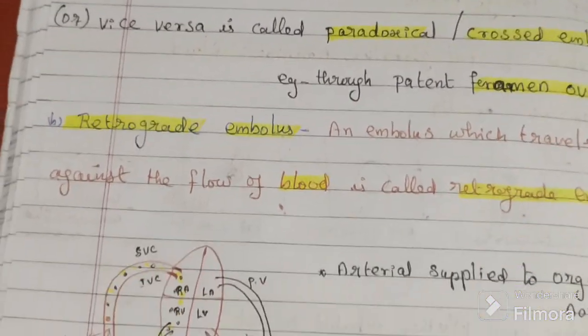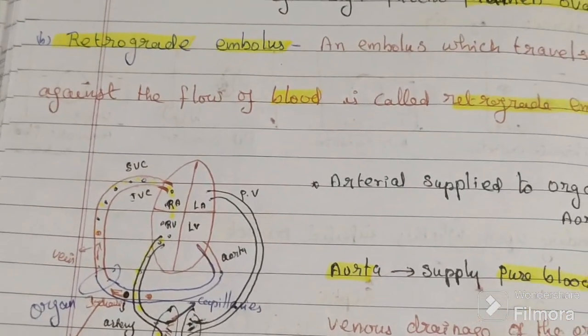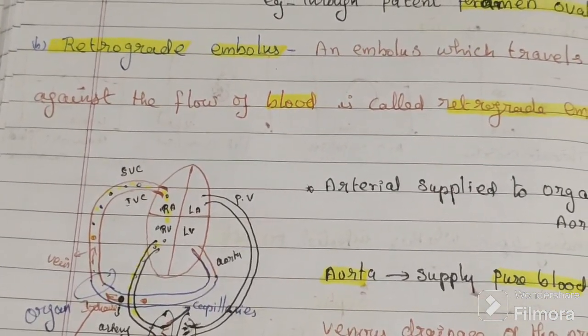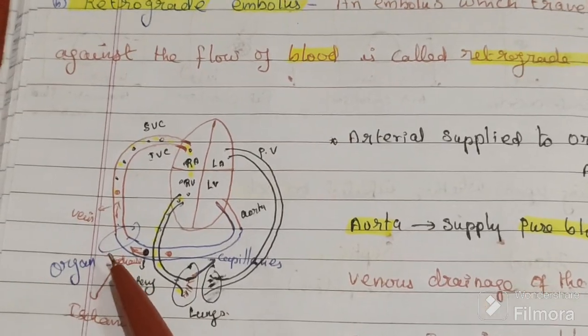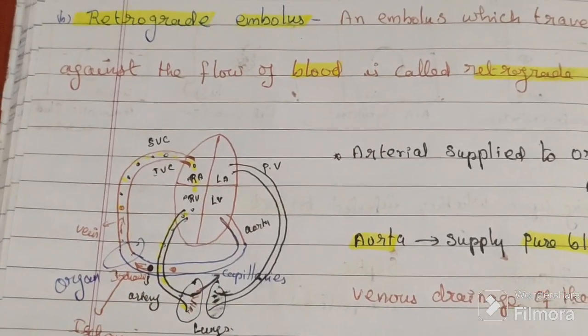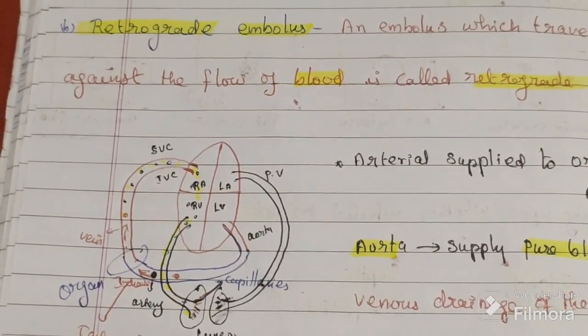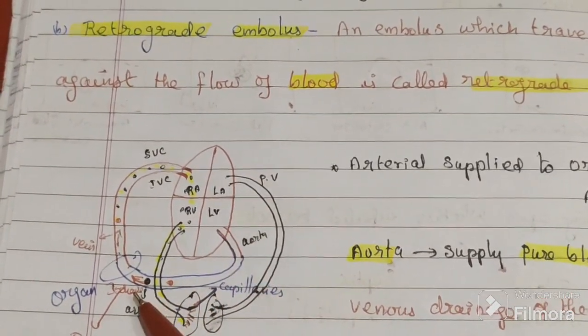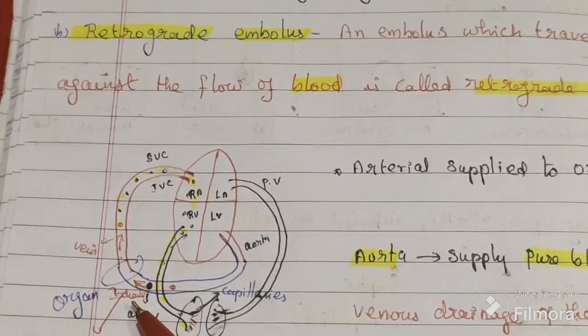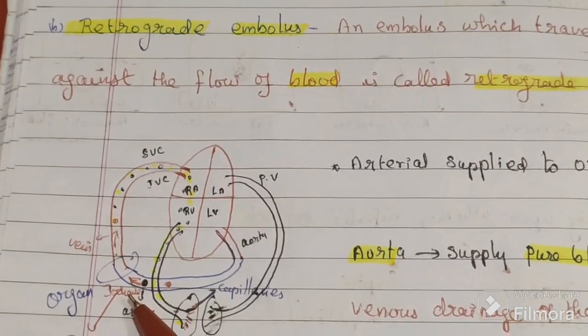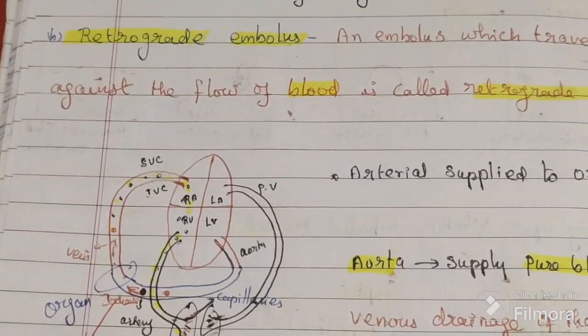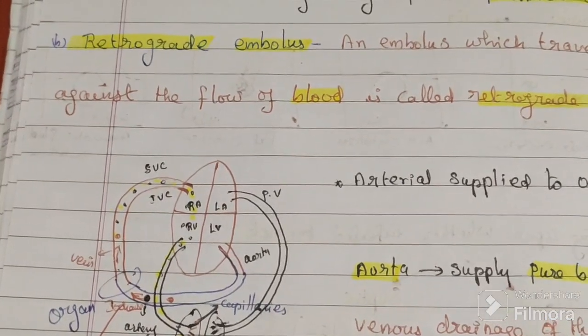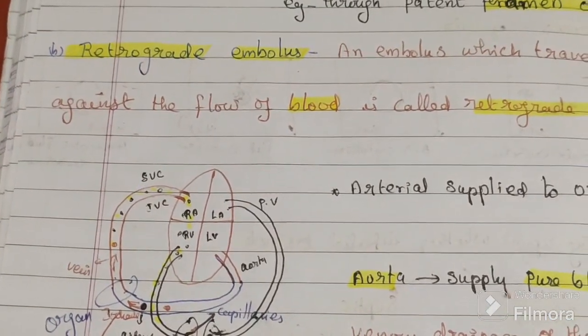Okay, can you see this diagram? Where are the organs here? You can see the arterial supply, this one is the arterial wall, supplying pure blood, and the venous drainage of that organ goes to the SVC and IVC.